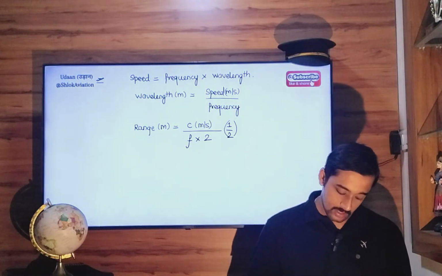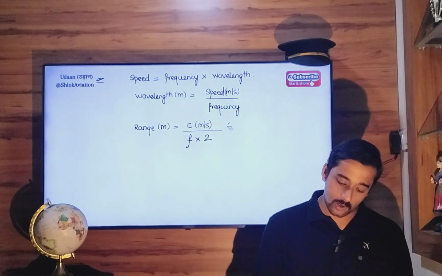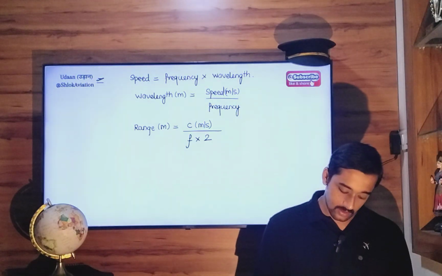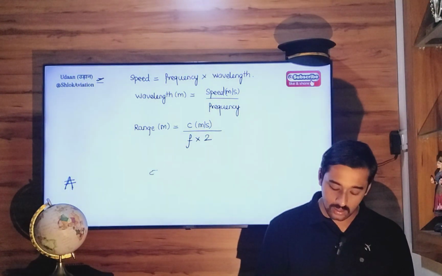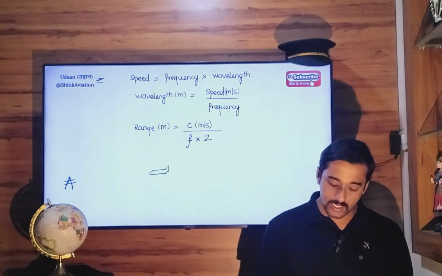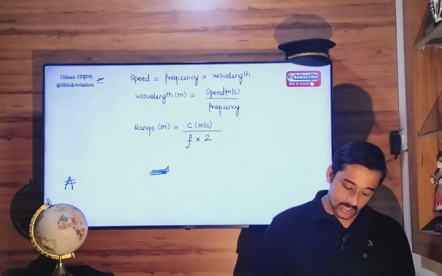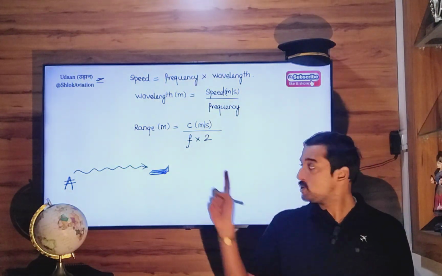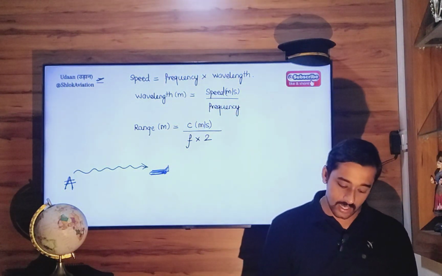Why half? We always divide it by 2 because in case of primary radar, the transmitter is going to send radio pulses in the direction of the target. It will go to the target. This is distance x.